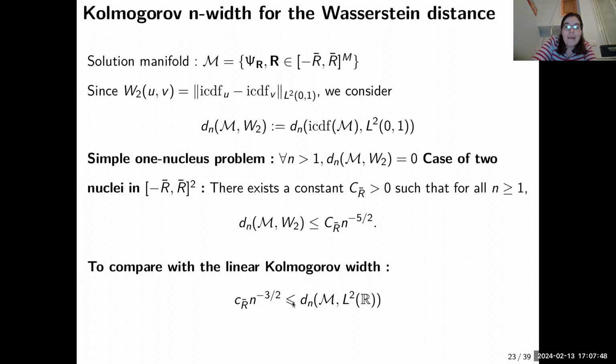Yes. So here it's a linear Kolmogorov width. There are three quantities. There is the linear Kolmogorov width, which we know will decay slowly, because of the lower bound. There is the exact Wasserstein Kolmogorov width. We know it decays quicker than the linear Kolmogorov width, but it decays slower than the mixture Wasserstein Kolmogorov width.